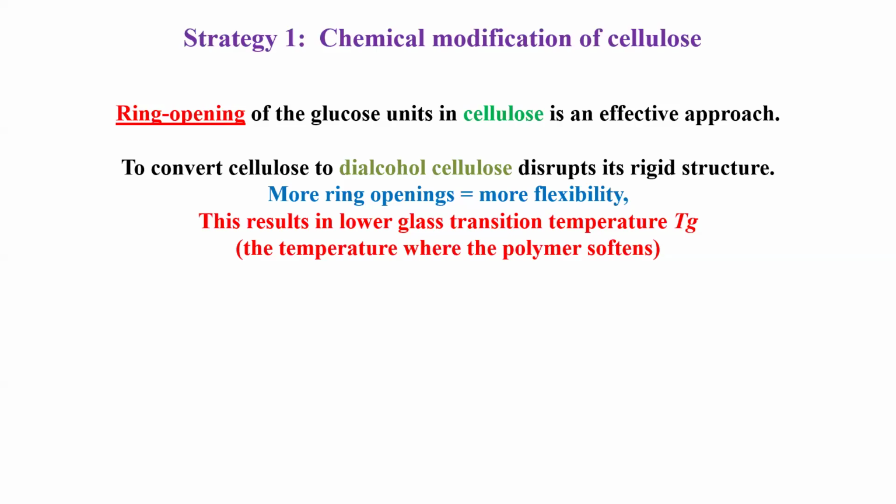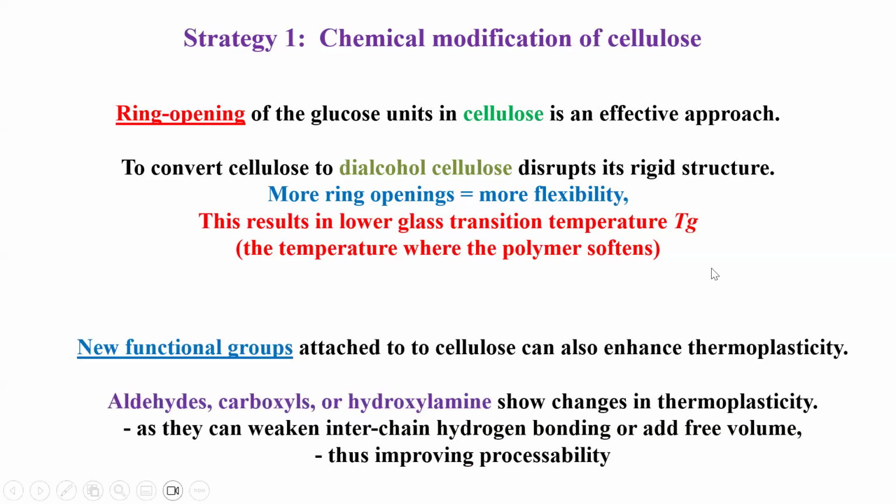And this disrupts very effectively the rigid structure, and the more rings are open, the more flexible it becomes. And this then results in a lower glass transition temperature. That means the temperature where the polymer softens.